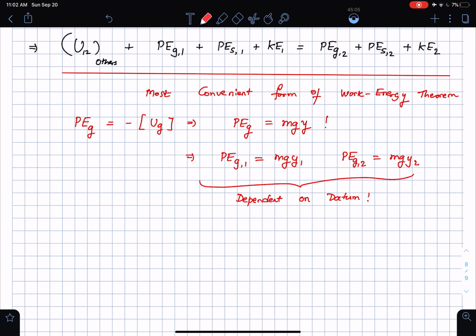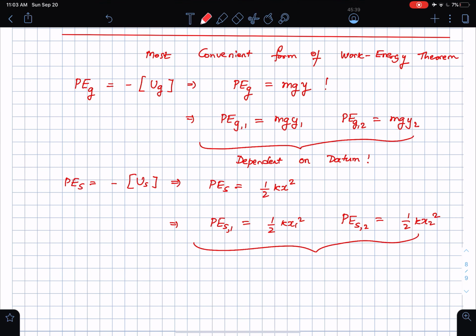Then we also can say PES, which is minus US, which implies that PES is equal to half kx squared. So PES1 is half kx1 squared, PES2 is half kx2 squared. This is not dependent on the datum, this is always true.